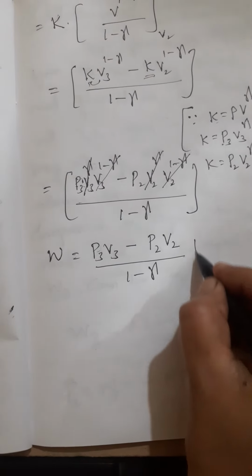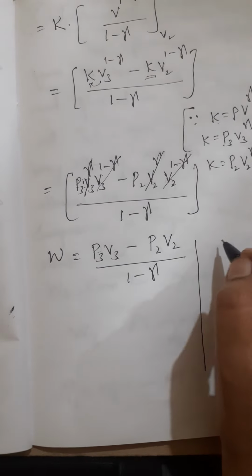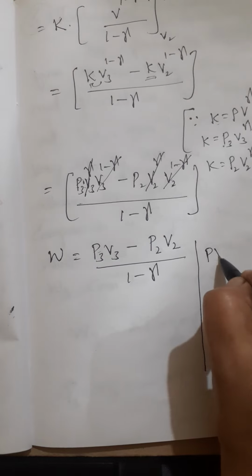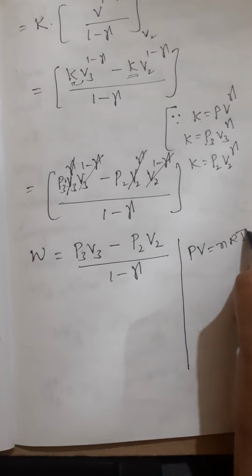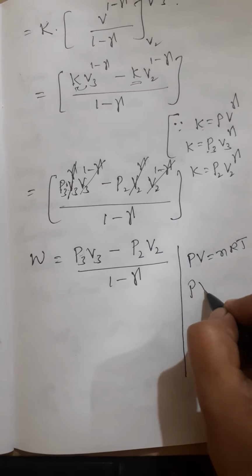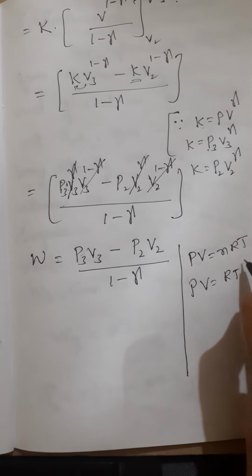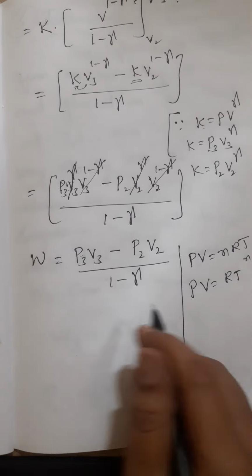Now here one more relation we can write. We know that the ideal gas equation is PV is equal to nRT, or PV is equal to RT, since for an ideal gas n is equal to 1.